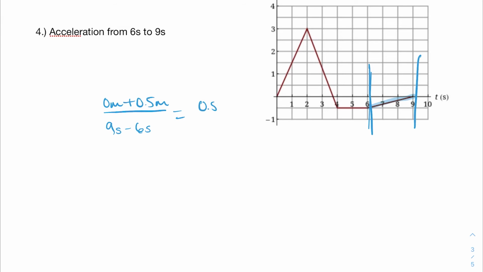So this gives us 0.5 meters over 3 seconds. If we divide that, we get 0.17 meters per second. And that is our acceleration for this problem.